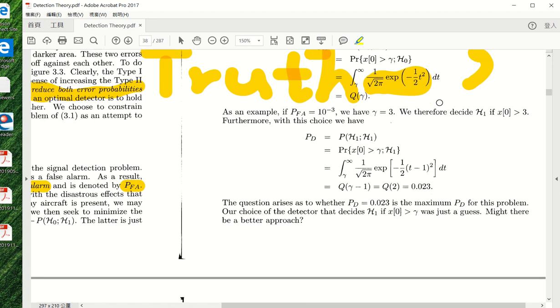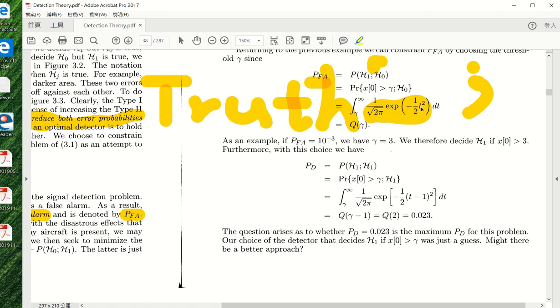Some people may come up and say they want to have PFA 10 to the minus 4. Then you have a larger gamma and you have a smaller PD. Okay. And therefore, with this choice, we have PD equal to something like this, conditioned on H1, P(x[0] larger than gamma), and then you do the calculation.